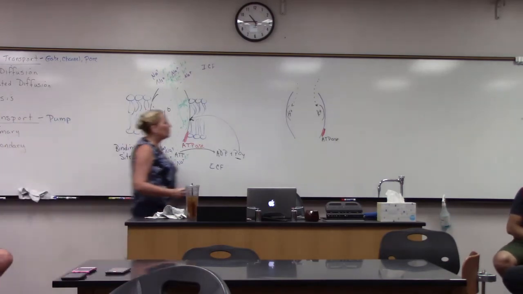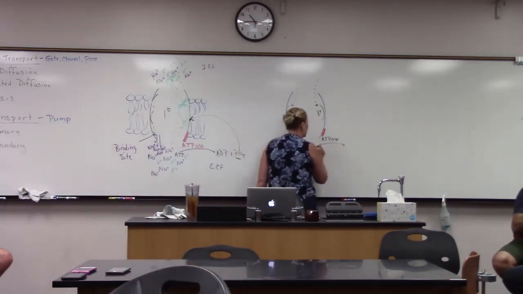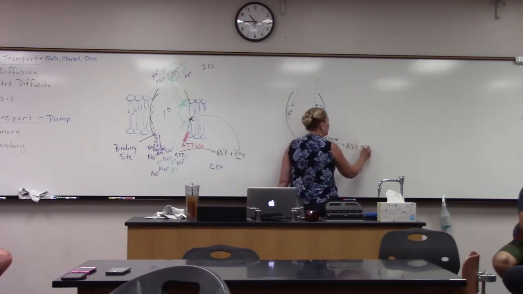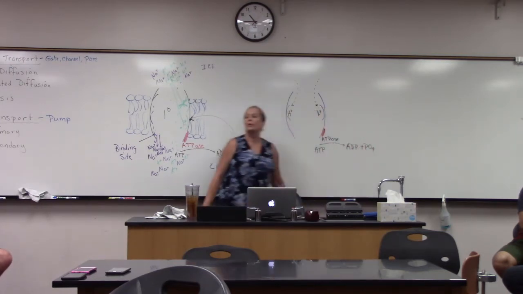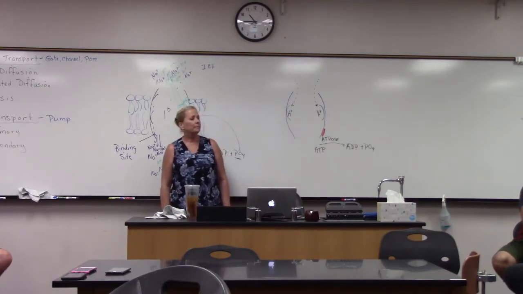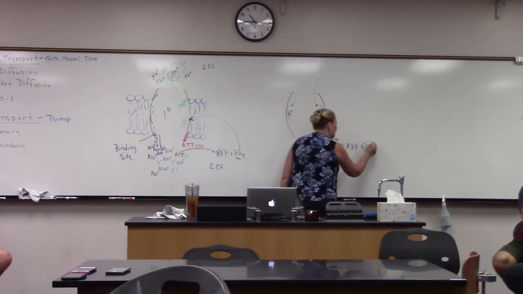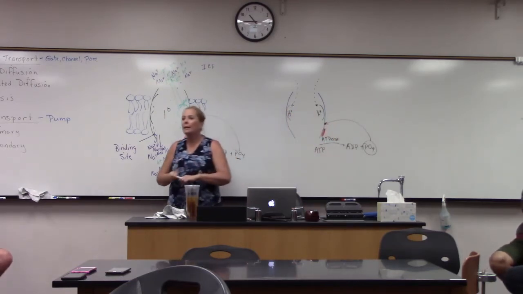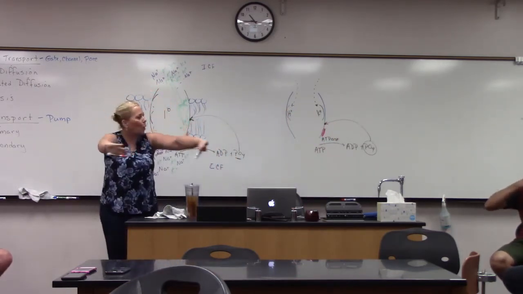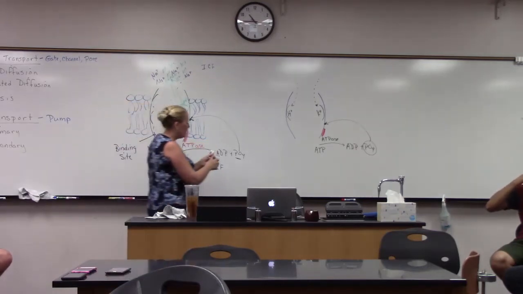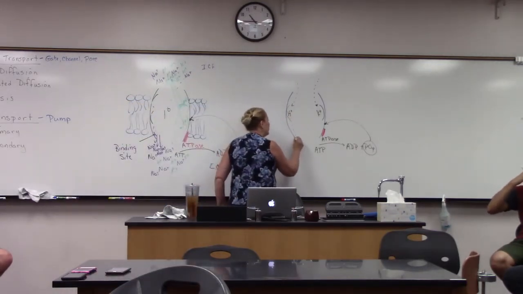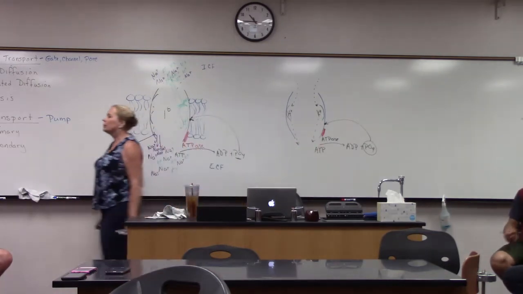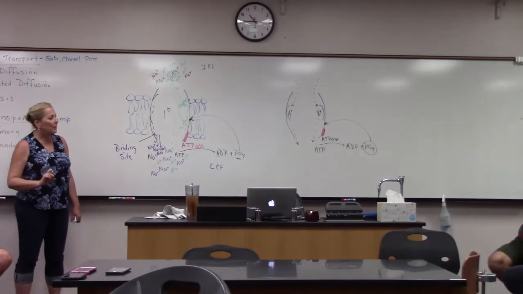So now, of course, we know that ATPase will then take our ATP molecule and break it down into ADP and the phosphate that we're going to use to change the shape of the pump. This phosphate is going to bind to our pump and create a shape change so that we push both the hydrogen and the potassium through the membrane, low concentration to high, doing it both at the same time.